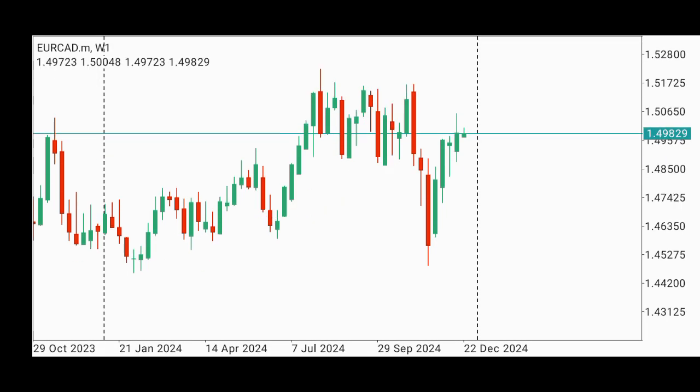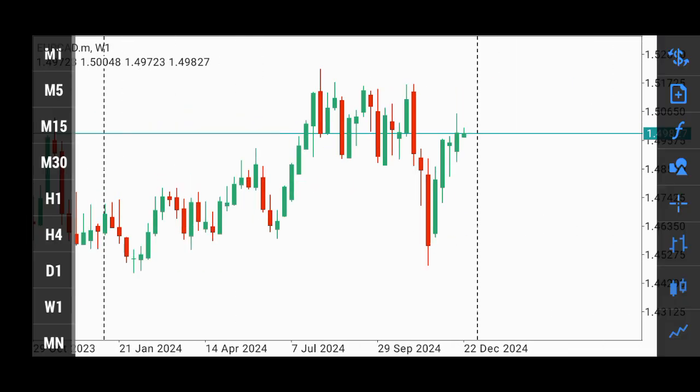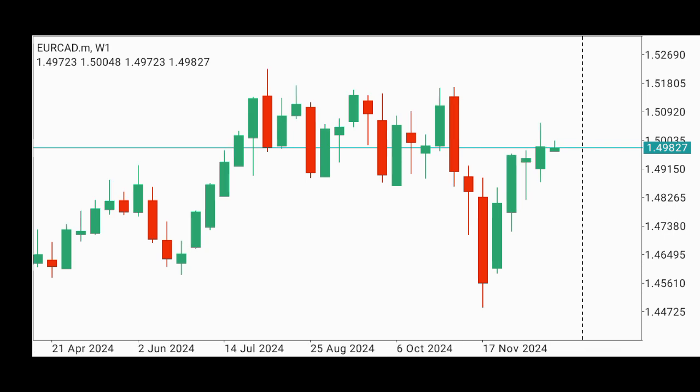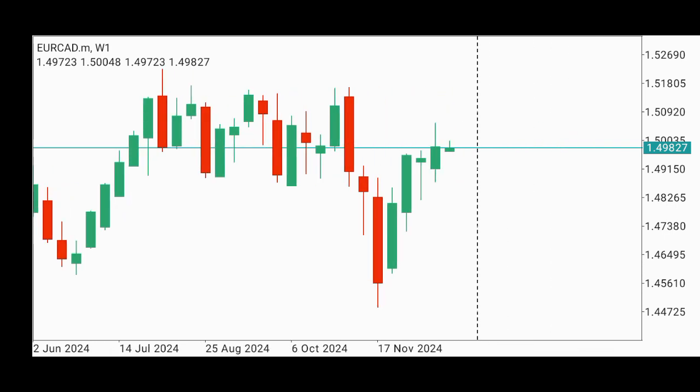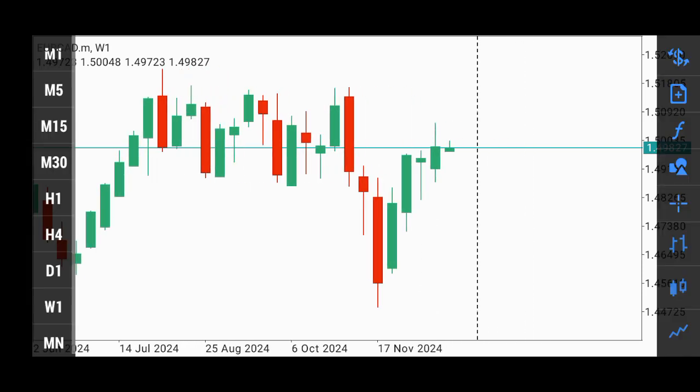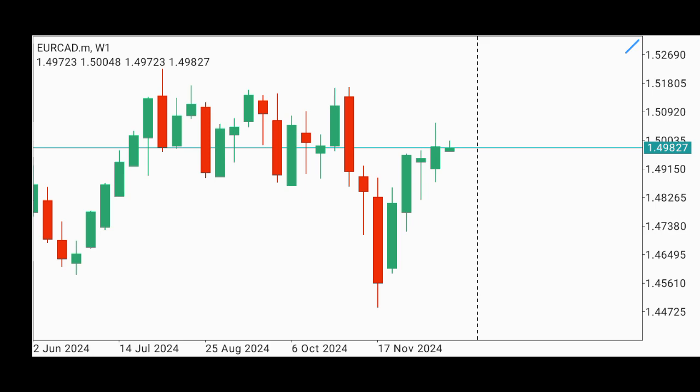Now, when you want to look at what is happening in the market, all you have to do is find the most recent impulsive move to the opposite direction. You can see, let me map out something. There was an impulsive move to the opposite direction, right?